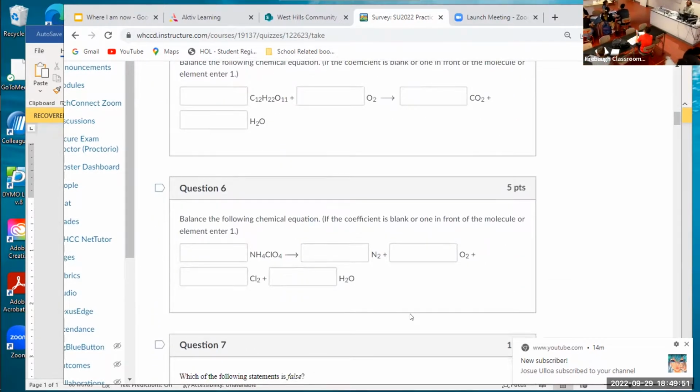Okay, let's balance this chemical equation.